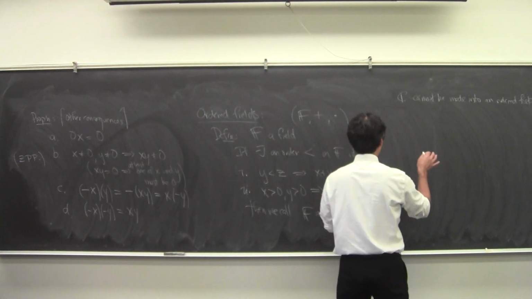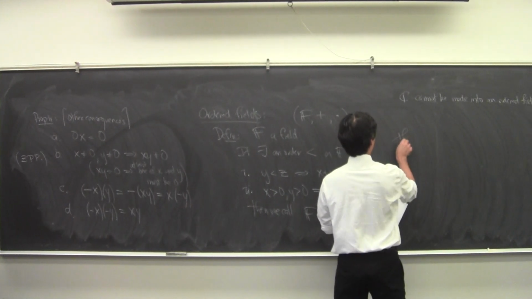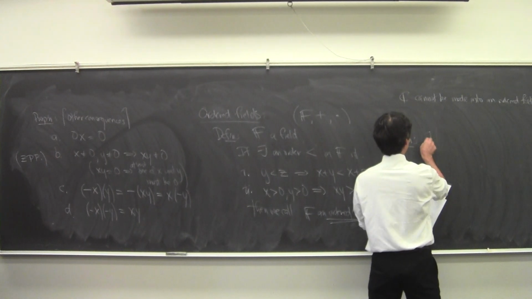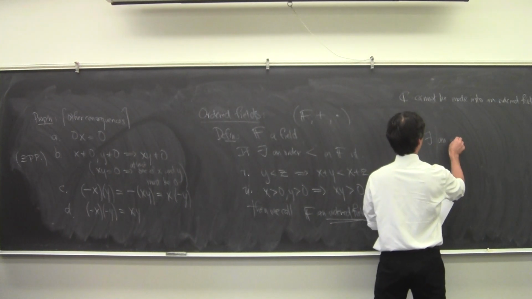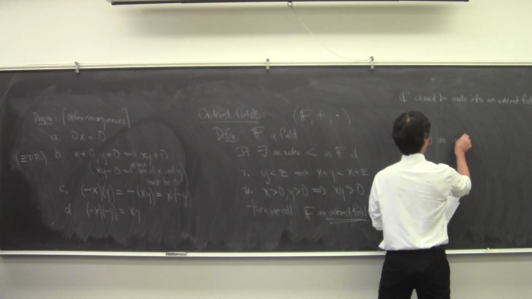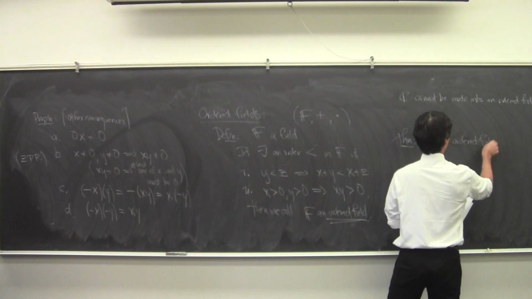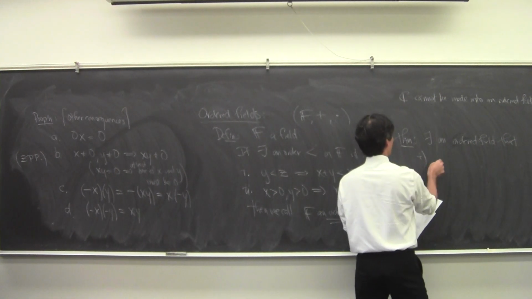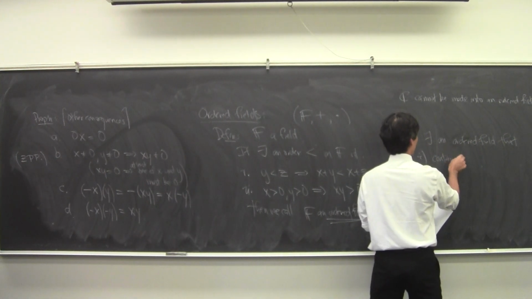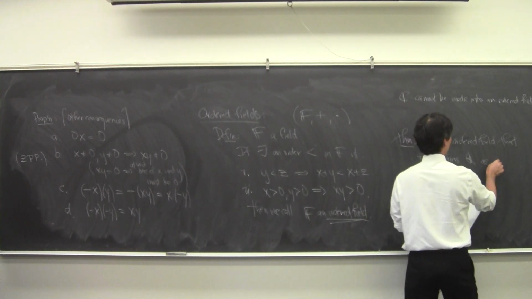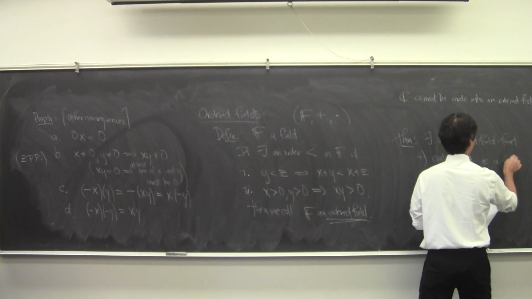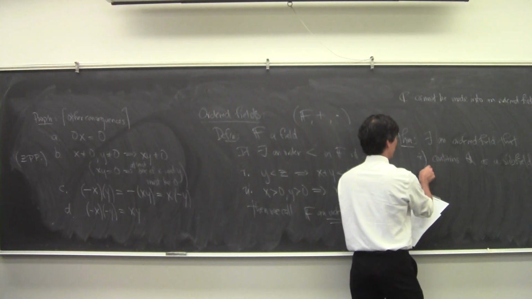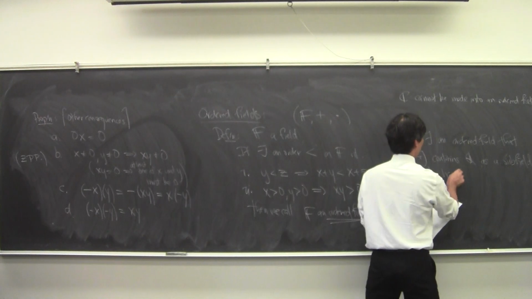The main point of this chapter is the following: there exists an ordered field that, one, contains the rational numbers as a subfield, and two, has the least upper bound property.